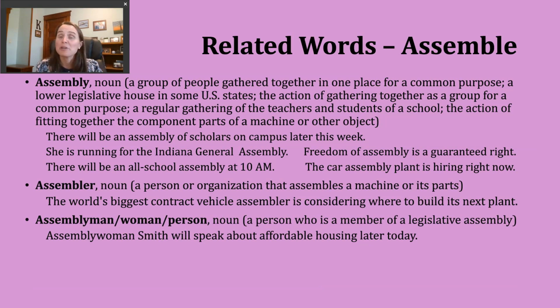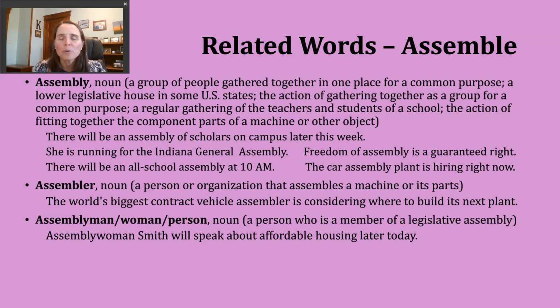One last word that you might encounter, and I'm going to group it together: you might hear assemblyman, assemblywoman, or assembly person. So a long time ago, before we consistently had female legislators, it was more common to hear assemblymen. To be a bit more open today, you might hear the word person used, but we're just talking about someone who is a member of a legislative body.